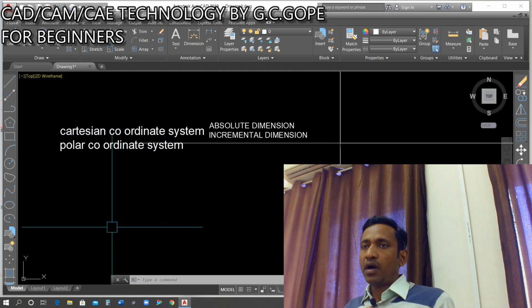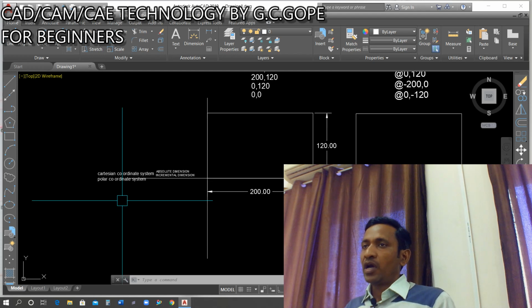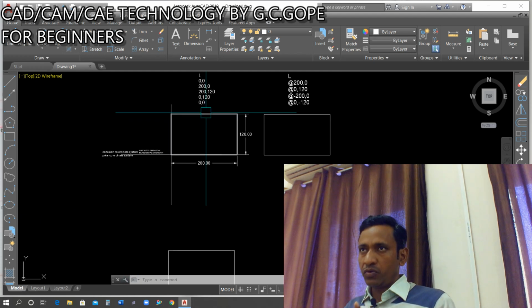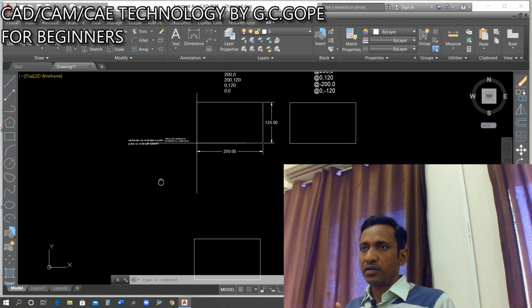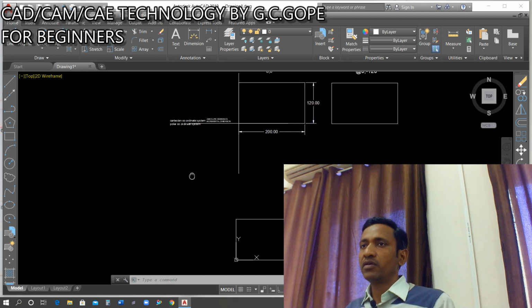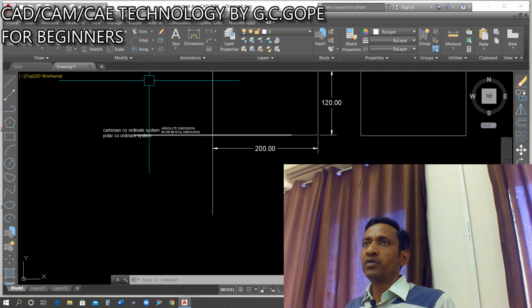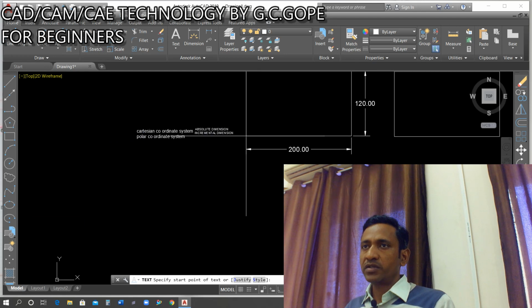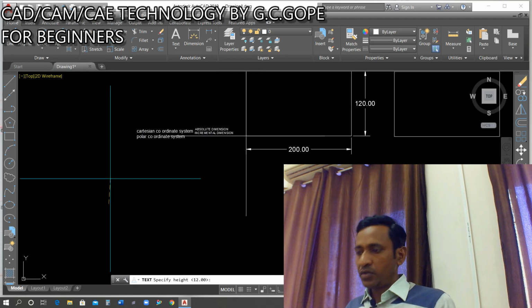So this is the polar coordinate system. How to make the program, first we have to learn. I am not changing the diagram, it will be the same. 200 by 120 is the dimension of this rectangle. First I am going to select this one for text. Suppose I am increasing the height of text to 15, and this one should be 0.